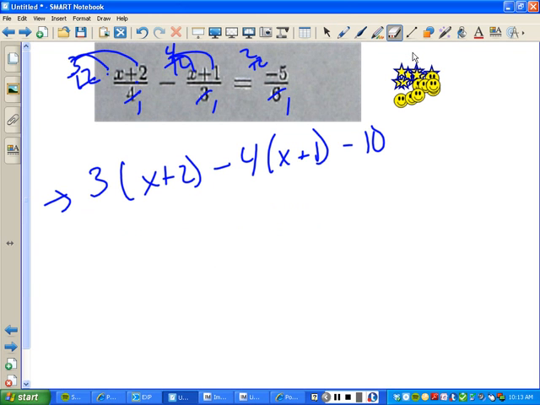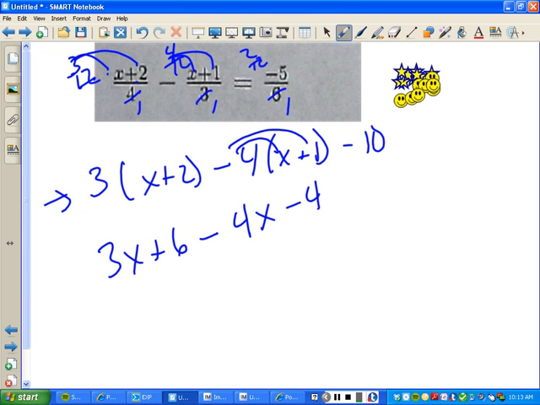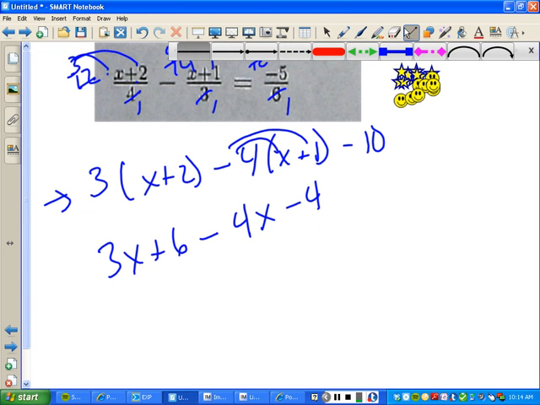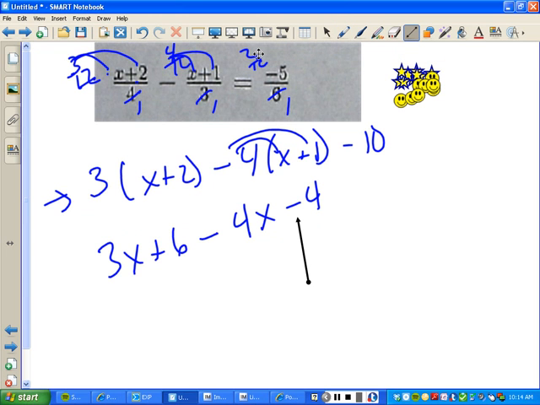Because you're wrong. What should you have? 3x plus 6 minus 4x minus 4. And it is right there that the biggest mistake happens. I see a lot of people who put plus 4 right there, not minus 4.